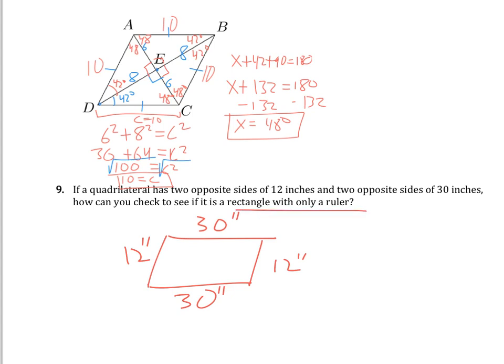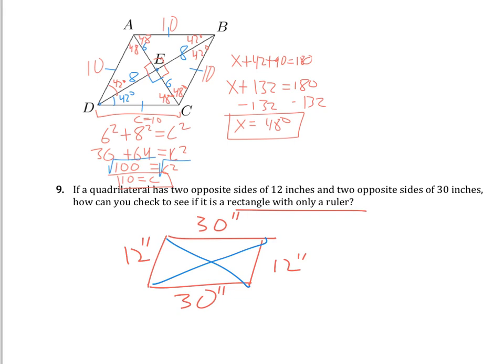Well, we could check to see if it's a rectangle by measuring the diagonals. If those diagonals are the same, then it is a rectangle. Okay? If it's not, then we need to make it the same and see if it really is a rectangle, all right? We could bend it over, kind of idea.